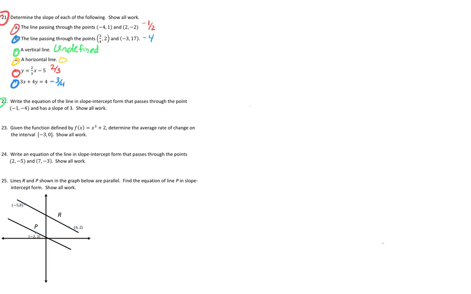Question 22. Write an equation of the line in slope-intercept form that passes through the point -1, -4, and has a slope of 3. So slope-intercept form is y equals mx plus b. From the problem we were given that m equals 3.